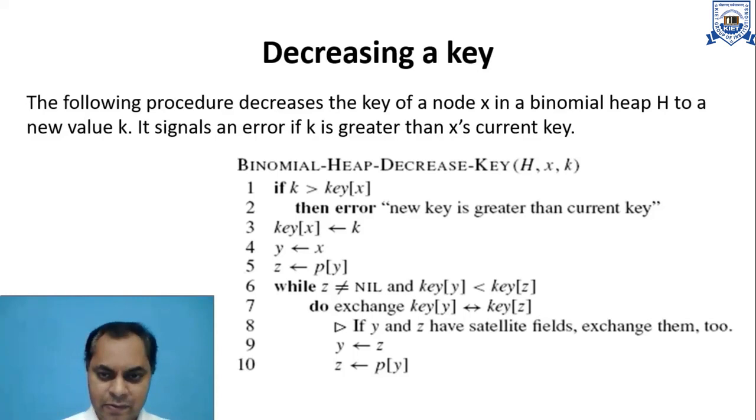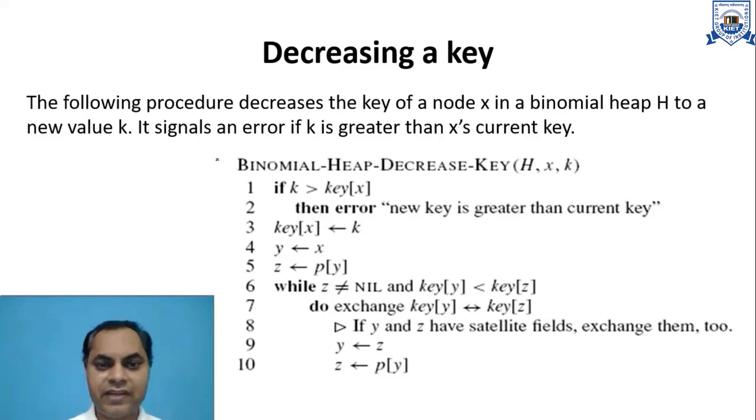But the problem is, when you try to decrease the value of a node, it may be possible the new value is lesser than its parent, so the min heap property may be violated. Now we have to take care of that, and the binomial heap decrease key algorithm deals with it in a beautiful manner.